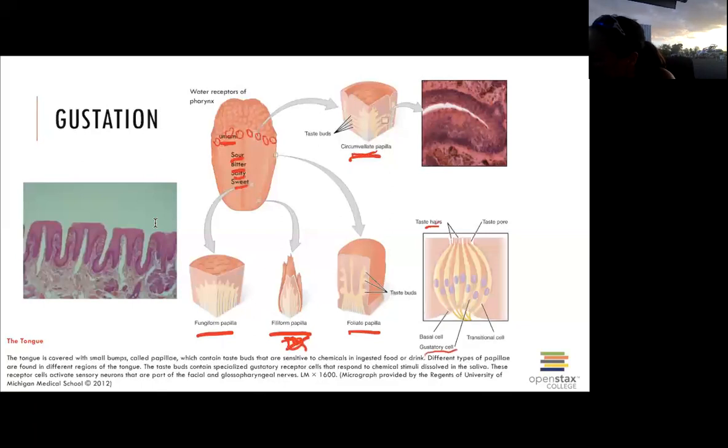And this is our gustatory cell. They are detecting that specific thing, whether it's sweet or salty, when that chemical comes along. If it is present, it's going to cause your gustatory cells to depolarize. And that's going to send a signal to your brain on what you are tasting, depending on what they are sensitive to.